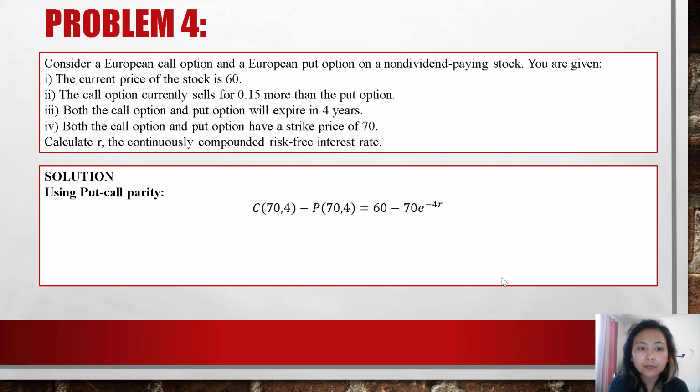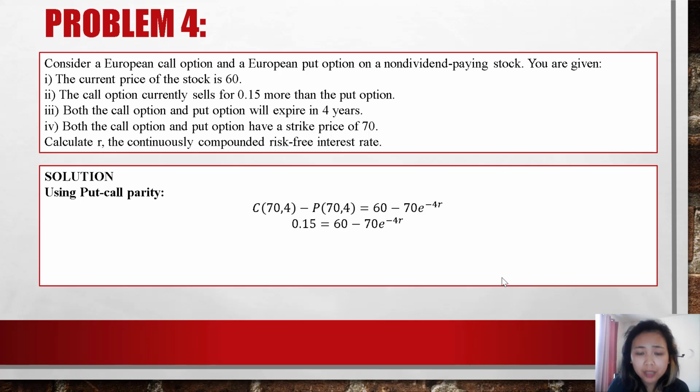Here we are given the continuously compounded risk-free interest rate is notated as R. So I got e to the negative 4R in order to find the present value of 70. And go ahead, plug the number of 0.15 in the difference.